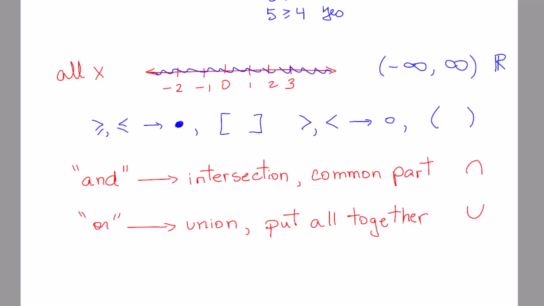Union is I put everything together. I dump it all in one box. And when I do that, I just don't put in any repeats. All right, so putting it all together, we use this upward looking U for union. So and is find what's in common, or is put it all together.